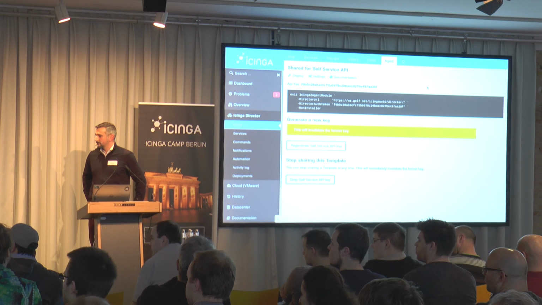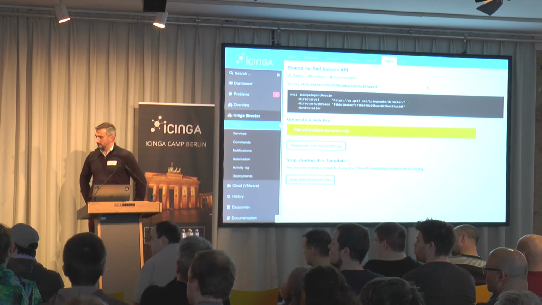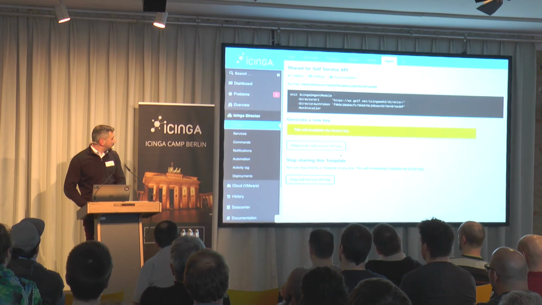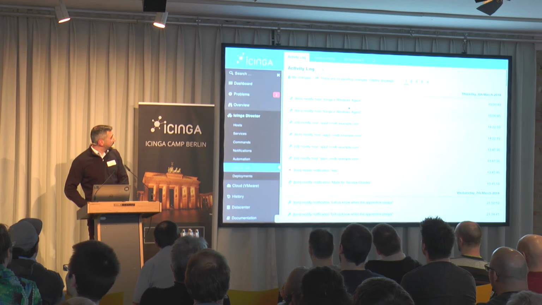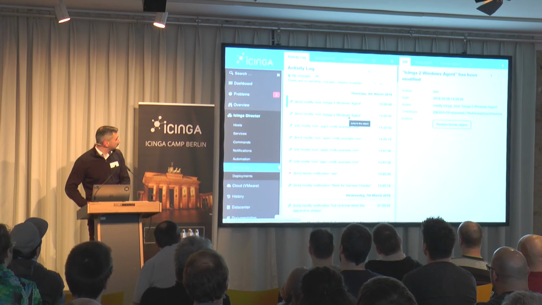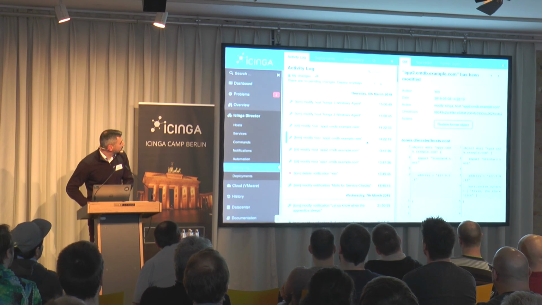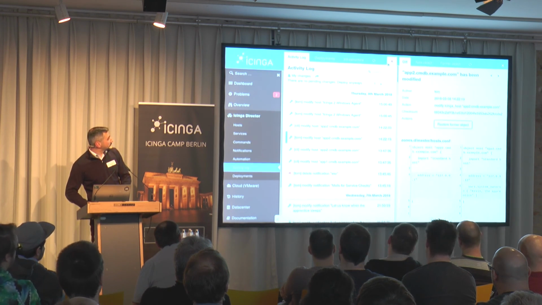Is there a possibility to revert only one single change? Sure. Before deployment? As you have seen, I changed my IP address before, if I'm not wrong. This one. As you can see, this was my change.